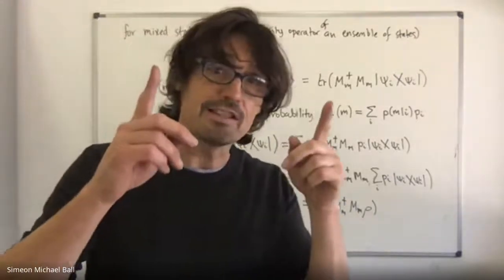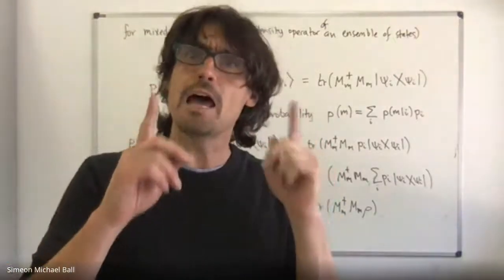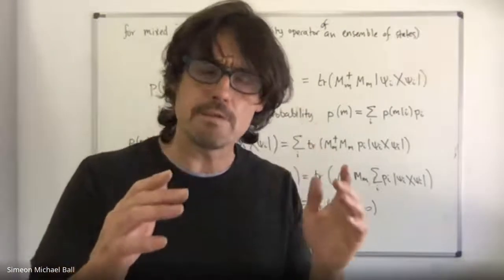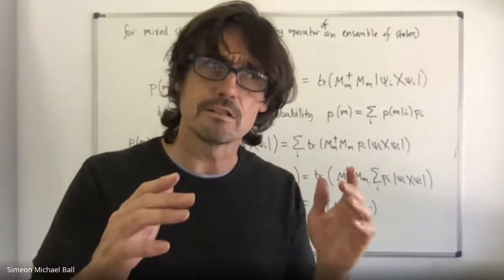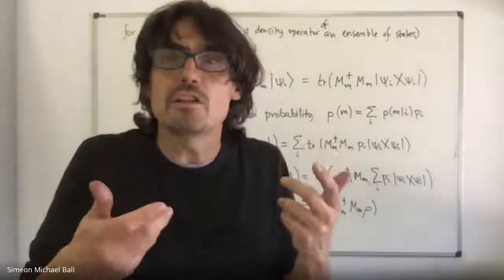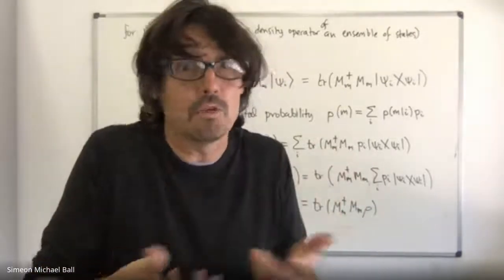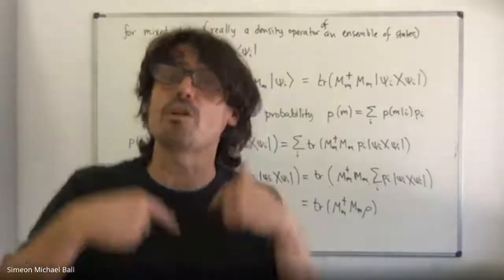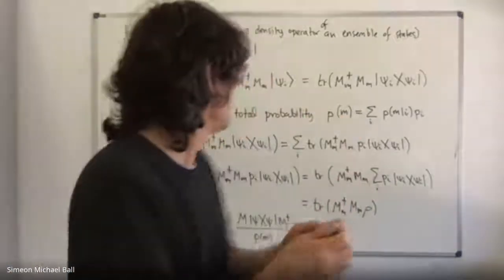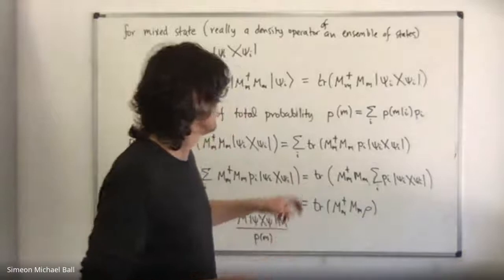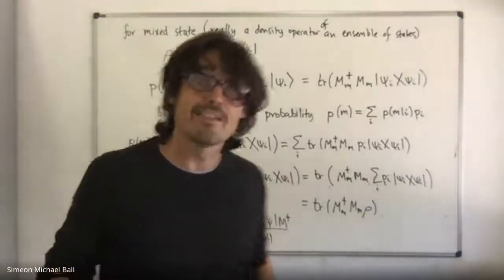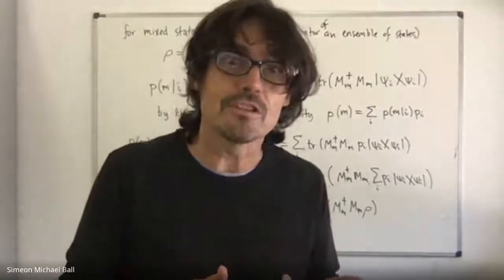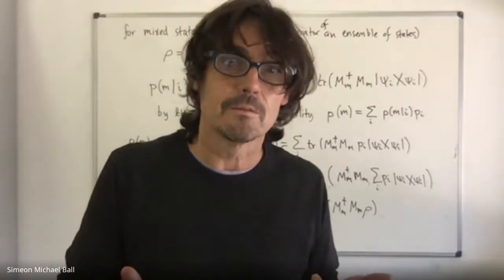Then we're going to see what happens if we have measurement operators, but we haven't actually performed the measurement yet. We don't know what the system is going to be. We're going to see that even if you start in a pure state psi, what you get is an ensemble of states.